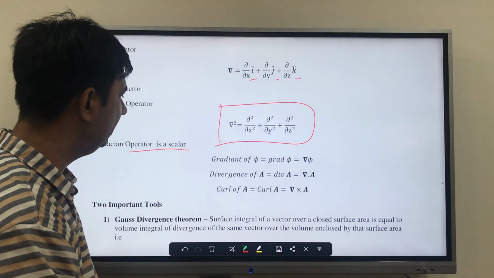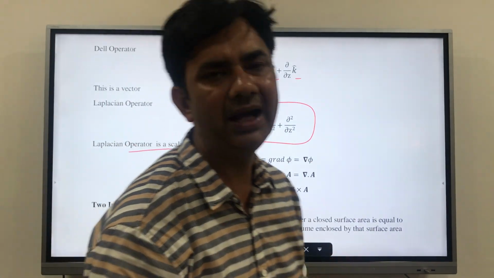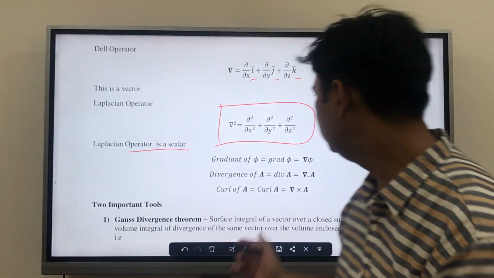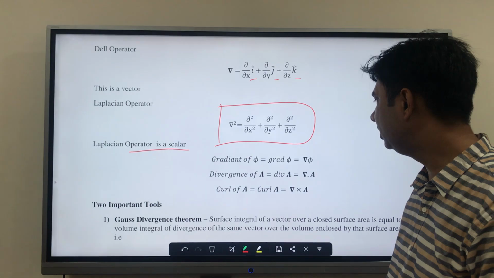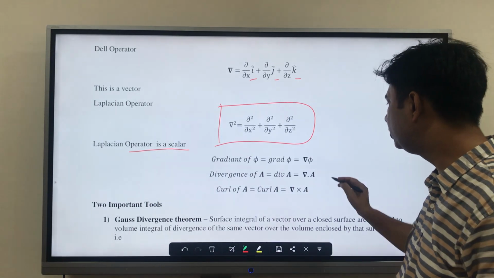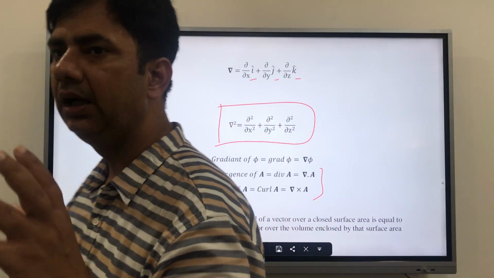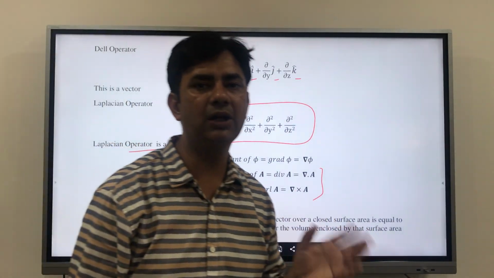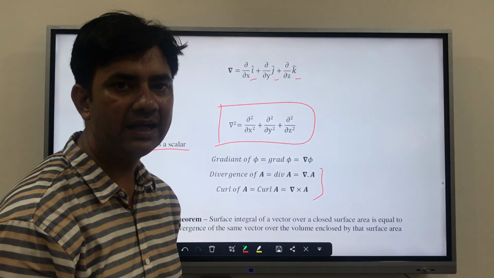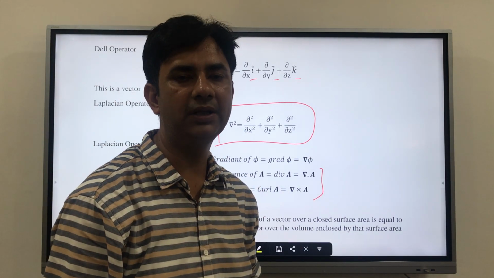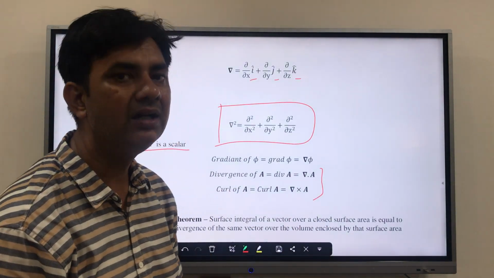And in the same way we have the gradient of phi. Gradient is del into phi, and divergence is del into A, and curl. These two are very important. If we take a dot product of the del operator with some vector, we call it divergence, and if we take a cross product of the del operator with any vector, then it will come out to be a curl.